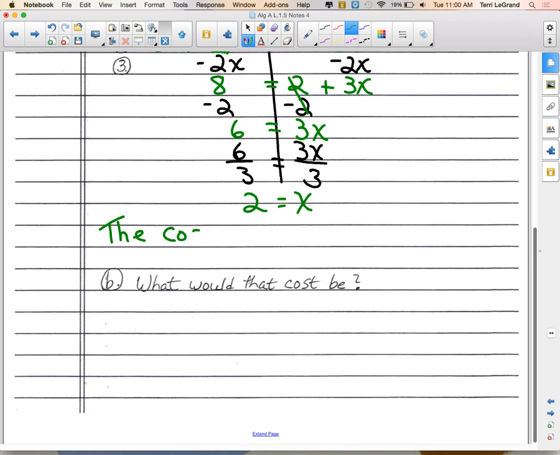The cost will be the same for 2 hours. Right here. That's part B, by the way. We're answering part A, where it asks after how many hours the cost would be the same. Well, that's after the number of hours. So the cost will be the same for 2 hours.